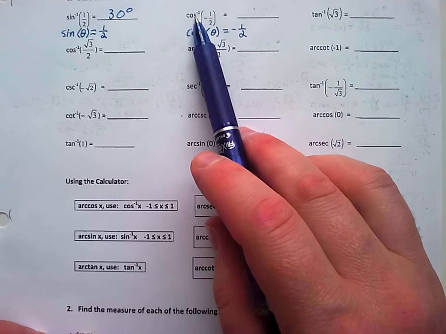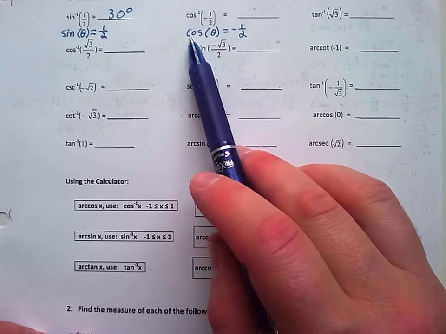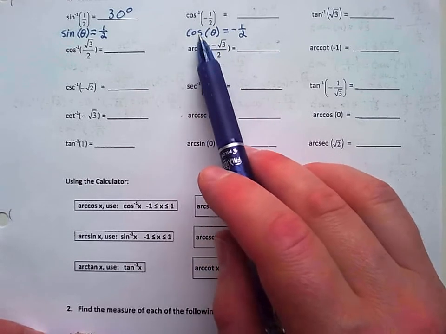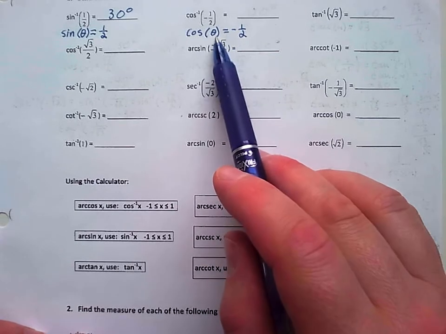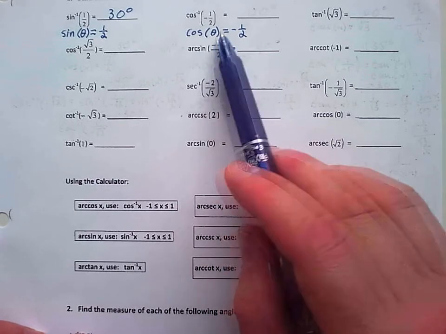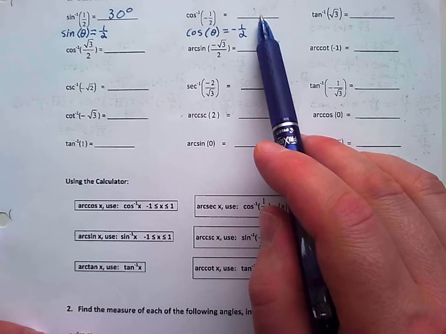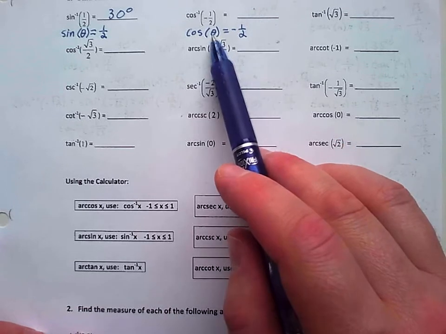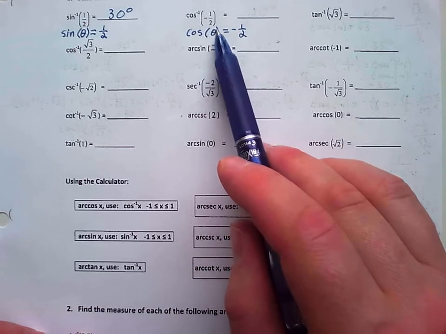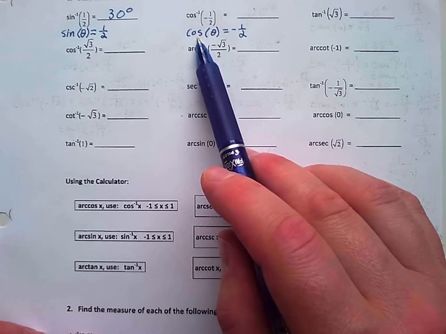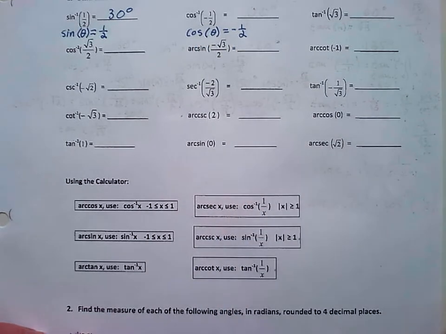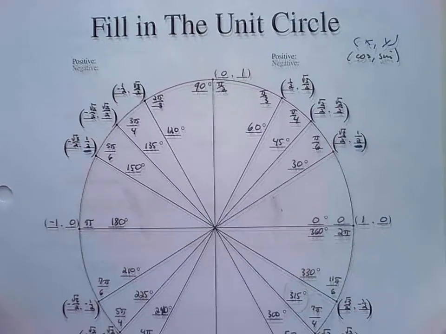So instead of having the inverse cosine being equal to negative 1/2, we're just going to have the cosine of theta being equal to negative 1/2. Now, whatever we figure out that theta is going to be, that's going to be our same answer up here. So let's figure out theta. What we're looking for is an angle so that the cosine, or the x value, is equal to negative 1/2. So let's take a look at it.